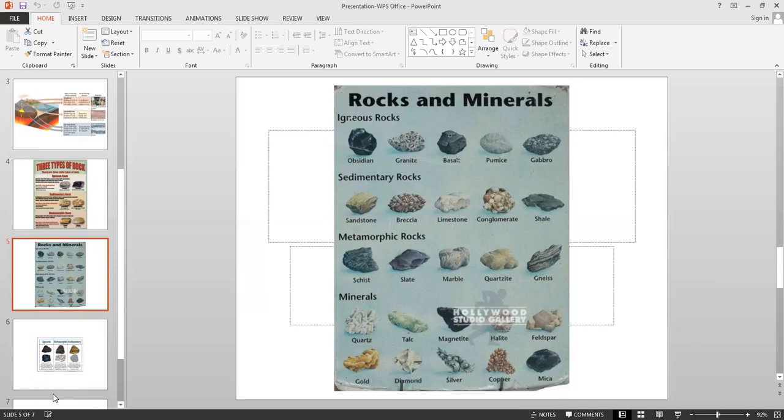Can you give us some of the uses of rocks? Some rocks can be used in building and construction. Some are minerals, and they are used in many ways.